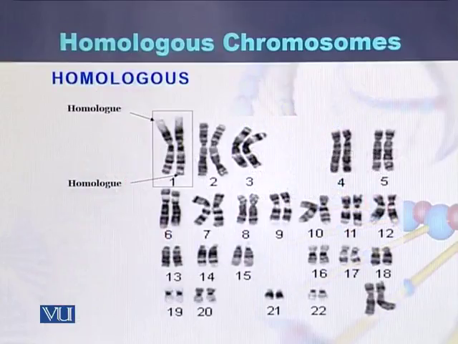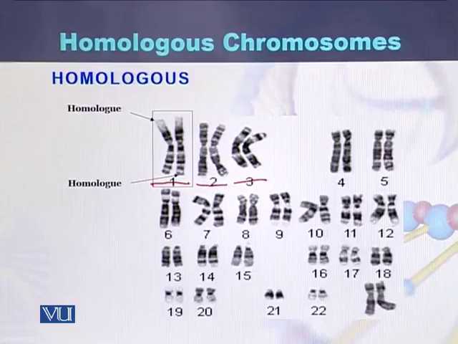In this diagram, we can see the chromosomes of humans, where each chromosome consists of pairs. This is the first pair of chromosomes, second pair, third pair.